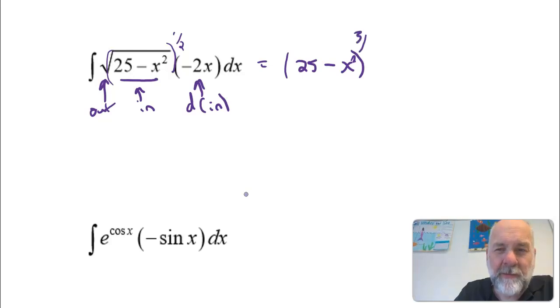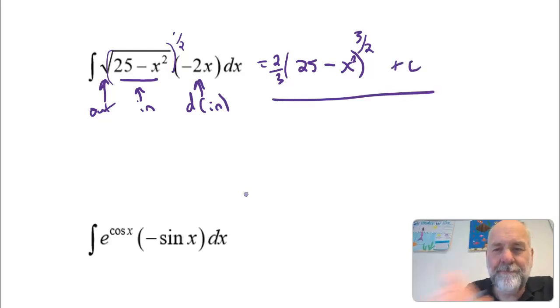So I bump the exponent, divide by the exponent, and the derivative of the inside just disappears. And I'm done. So make sure the derivative of the inside is there. It's just going to go away. Antiderivative of the outside, leave the inside alone.